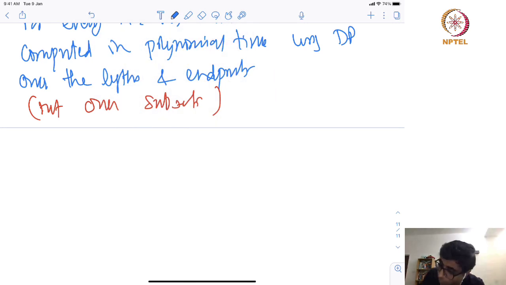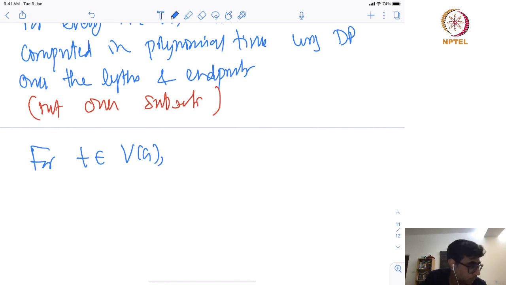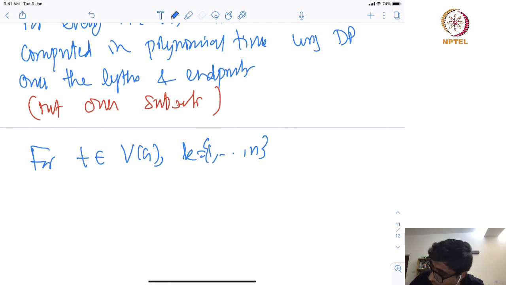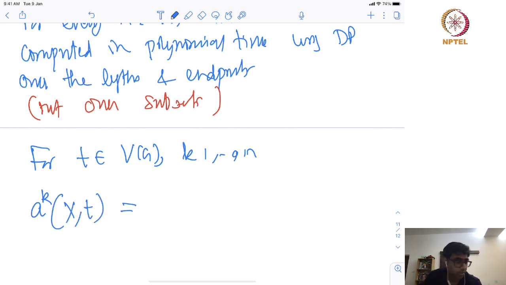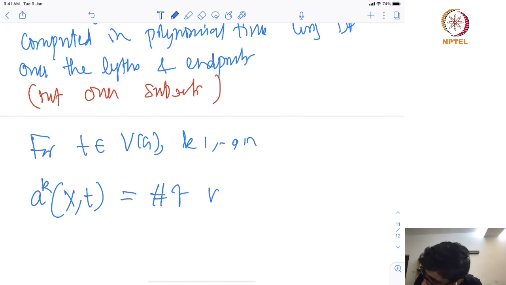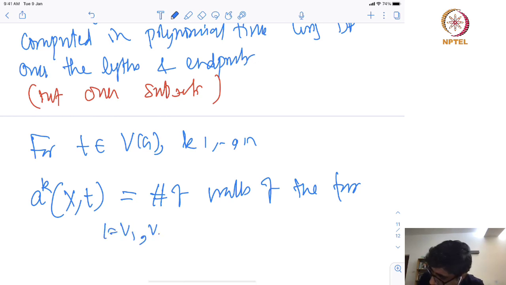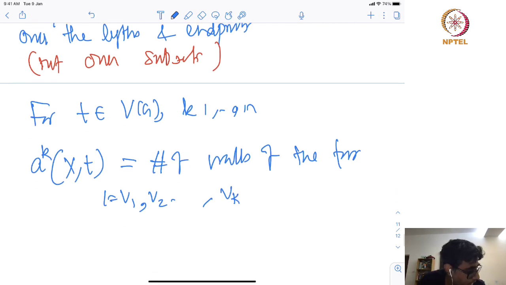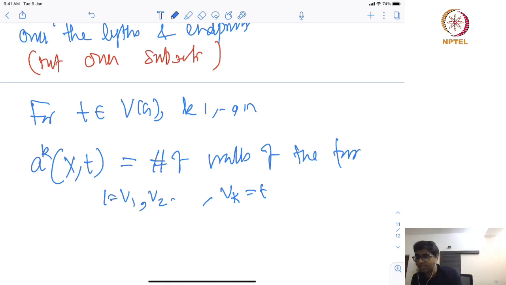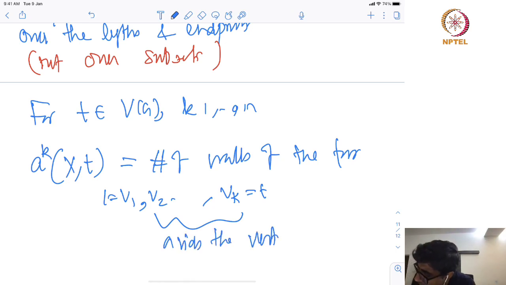Okay. So, for every t in V, and the length k could be 1 to n, I am going to say A_k(x, t) is the number of walks of the form 1, v2, ..., vk, where you start in 1 and you end in t, and you still avoid the vertices in x.